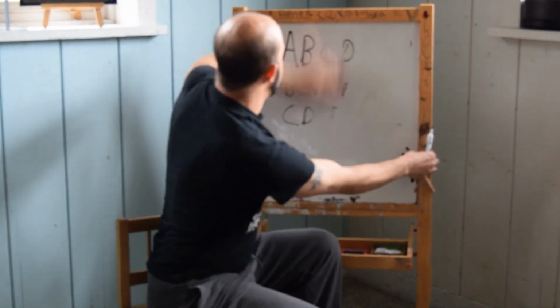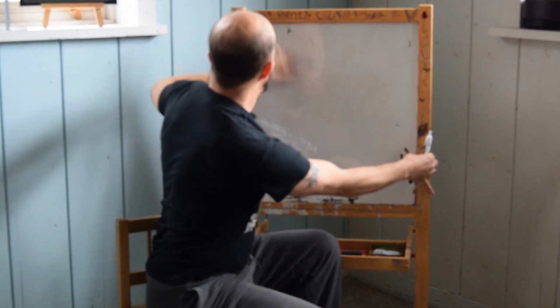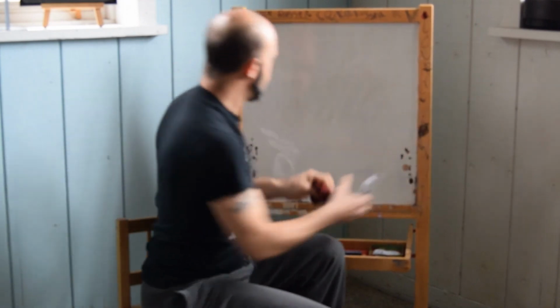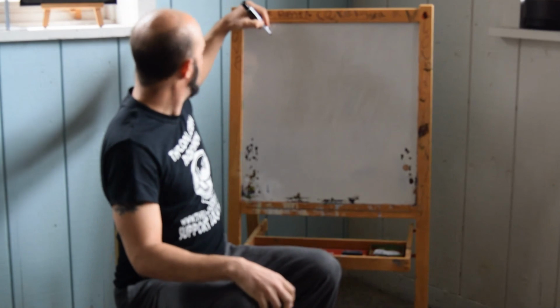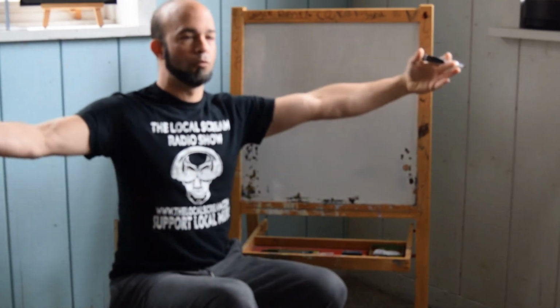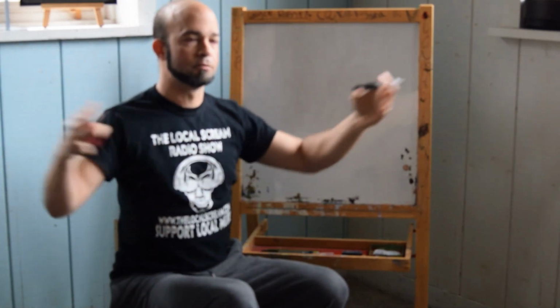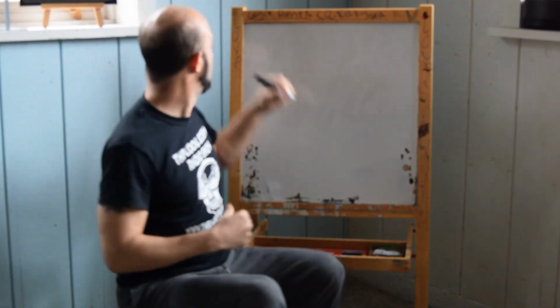Let's get rid of all of this for a second and do one more example. Now, we're going to start wide, we're going to narrow, probably widen back out, maybe narrow, we'll see.